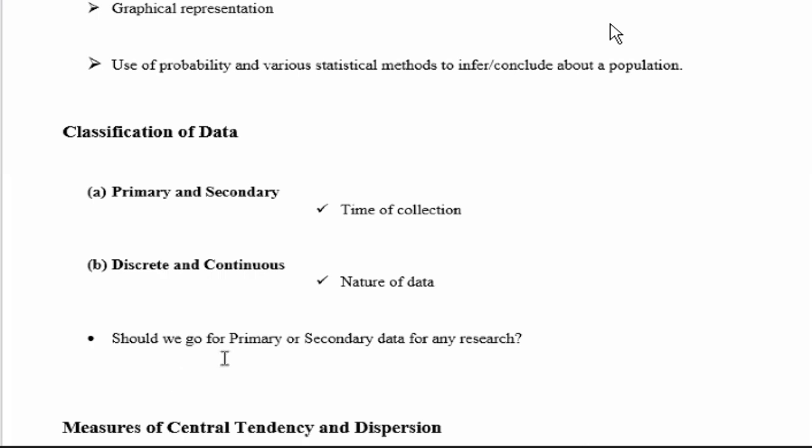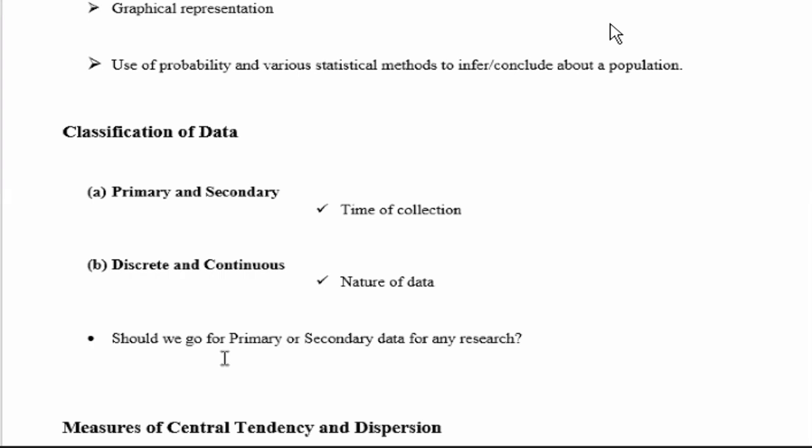Now in your second semester, there is a course, research methodology. These things will be done in detail there. For example, should we go for primary or secondary data for any research? The answer is based on different characteristics.